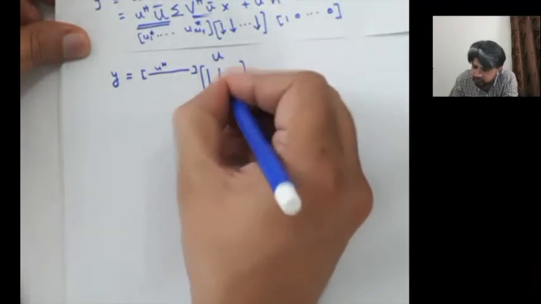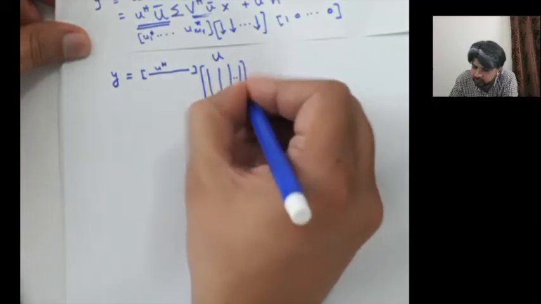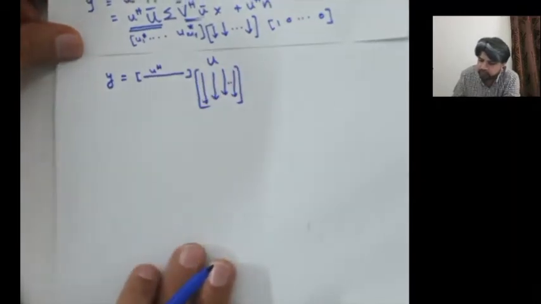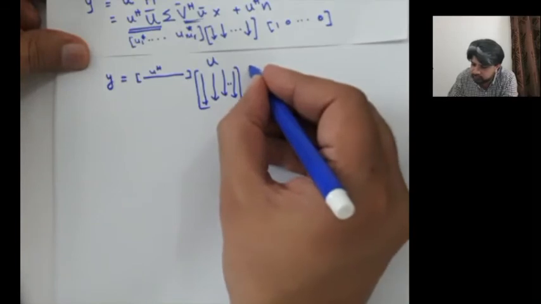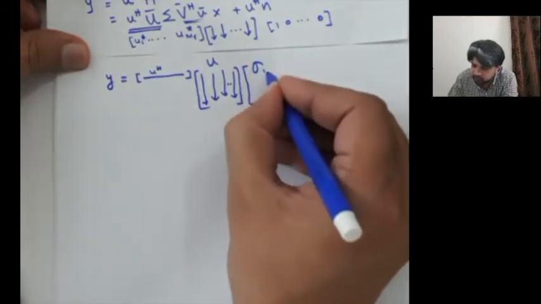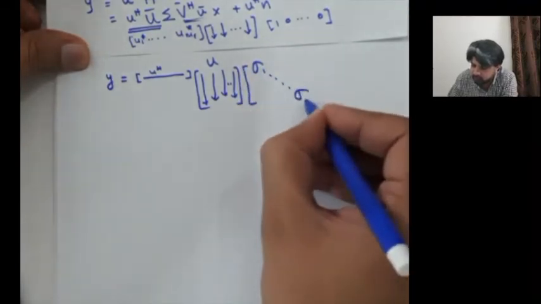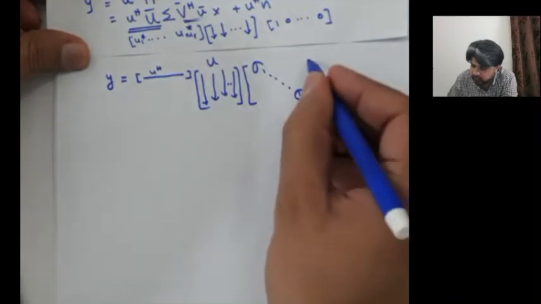And remember, U matrix has the columns. Right? And you would have sigma 1, sigma RH, for example.